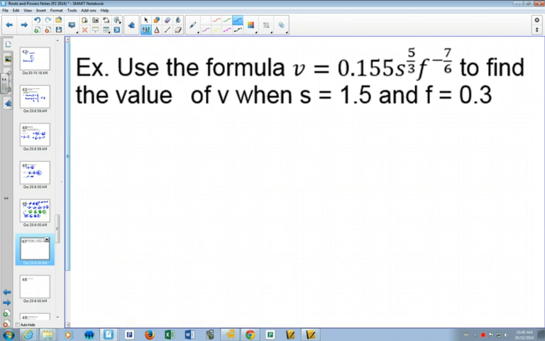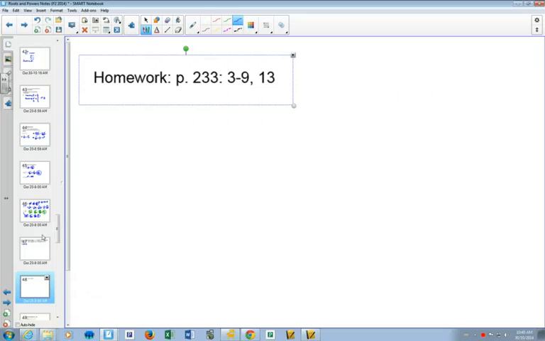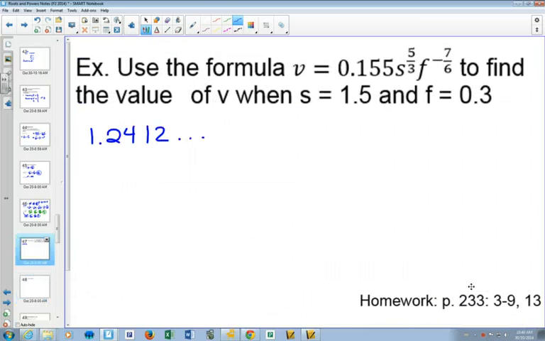So you want to get your calculator to say 1.2412... Once you've got that answer, you can just work on the homework, put it at the bottom corner there.